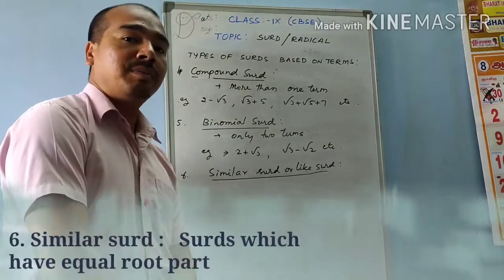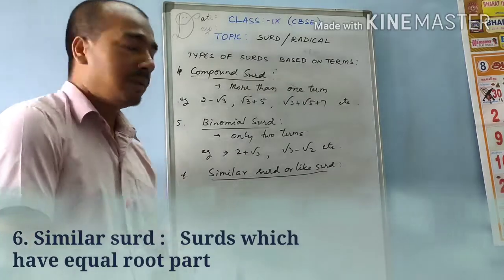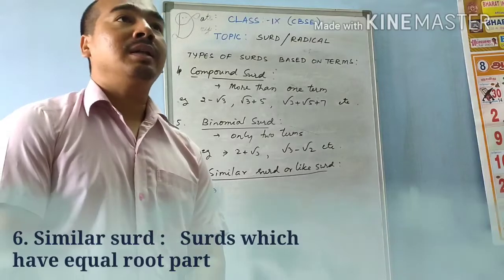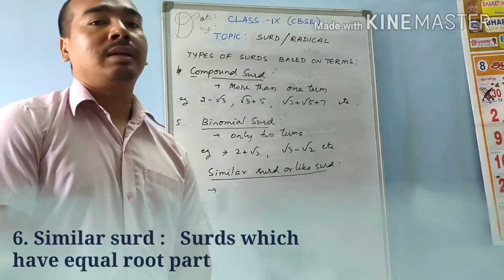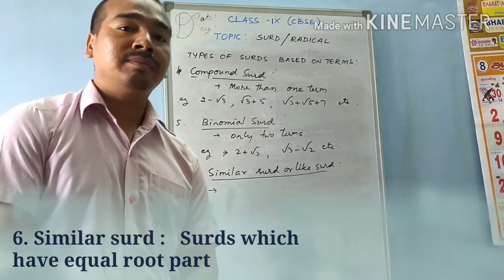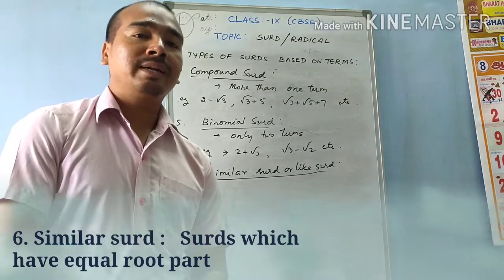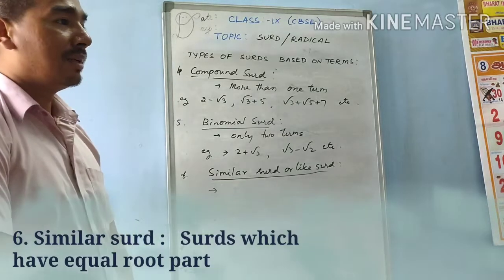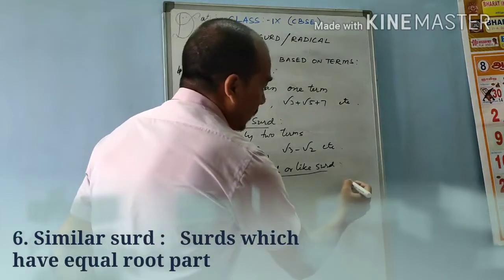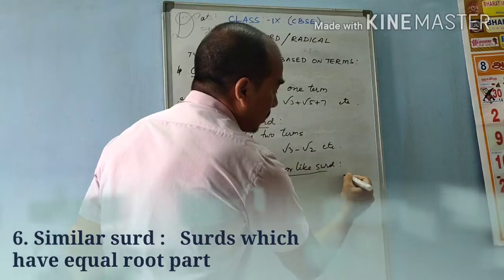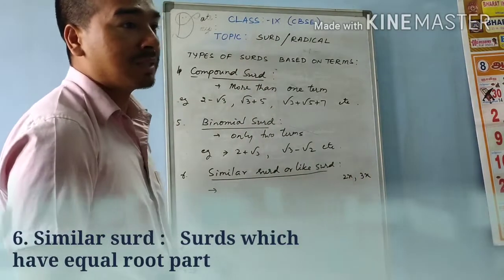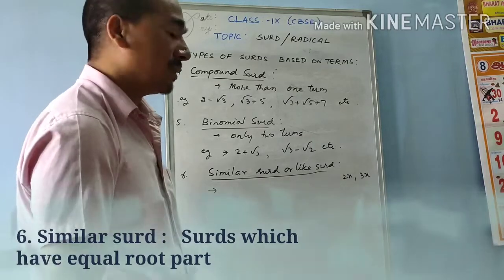Next one is similar surd or like surd. In the lower classes we have already learned like fractions, unlike fractions, like terms, unlike terms. So this is also just like terms and unlike terms. Similar means like. For example, in algebra, 2x and 3x are both like terms because the variables are the same, so we call them like terms.